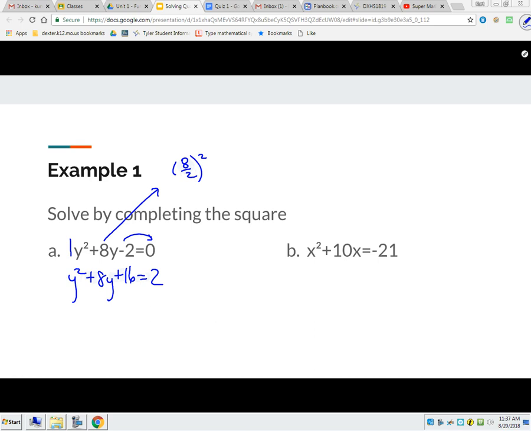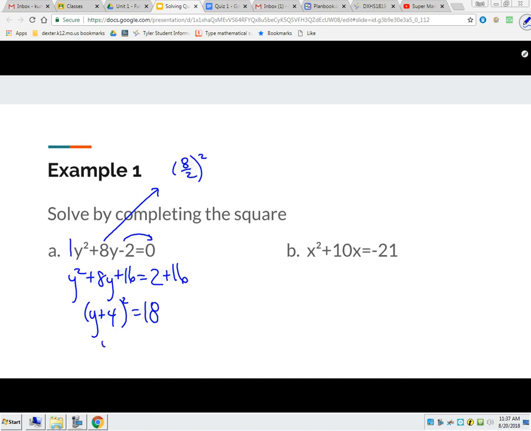The addition property of equality says if I add 16 to one side, though, I need to add 16 to the other. So that makes it so my left side factors nicely. My left side factors into y plus 4 and y plus 4, which would just be y plus 4 squared. And that should happen every time you get a binomial square.